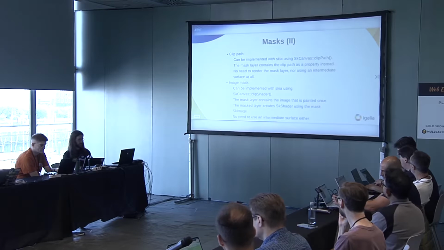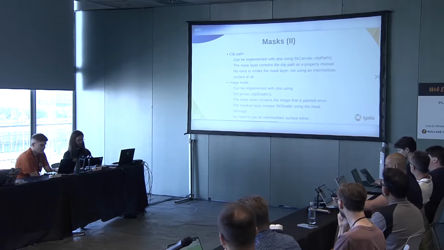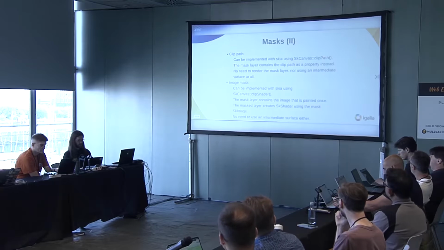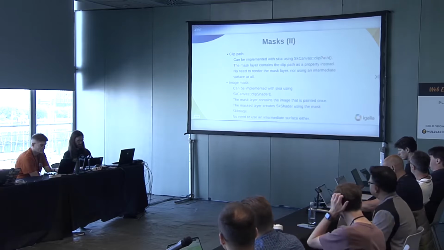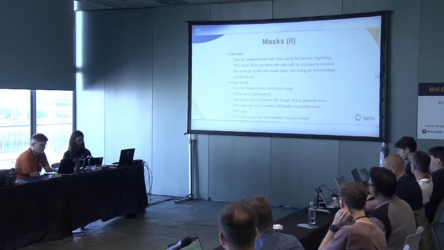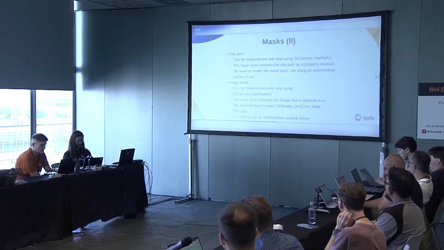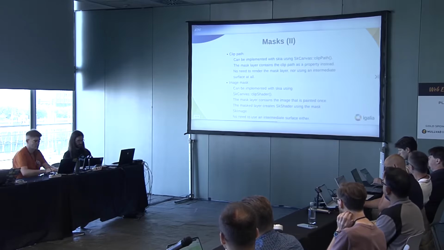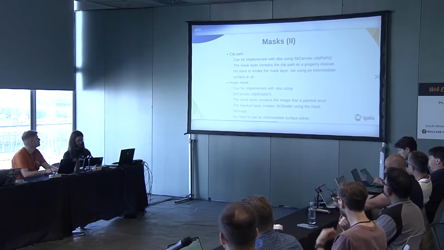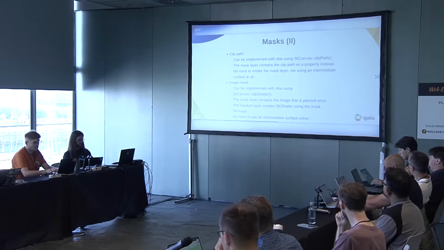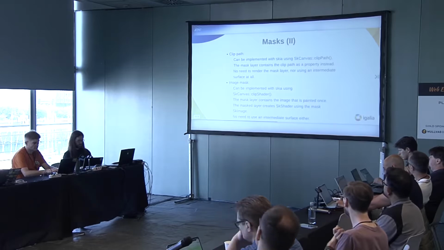In the case of image mask, we have the clip shader API of Skia. The image needs to be painted, but in the case of Skia, we can paint this image only once. In the case of TextureMapper, we were painting the contents of the layer and the mask on every repaint.